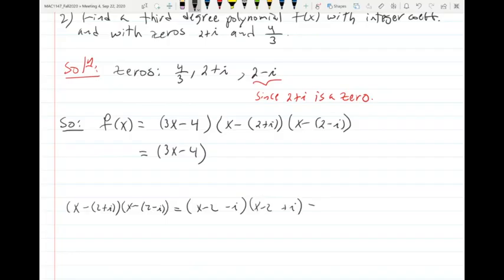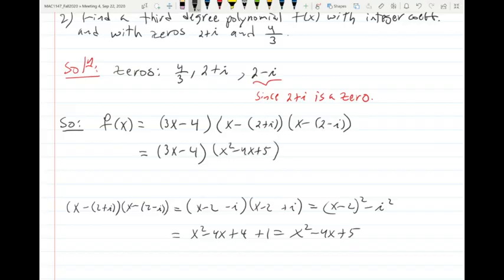So it's the difference of squares, x minus 2 squared minus i squared. That's going to be x squared minus 4x plus 4 plus 1. So you get x squared minus 4x plus 5. So x squared minus 4x plus 5.